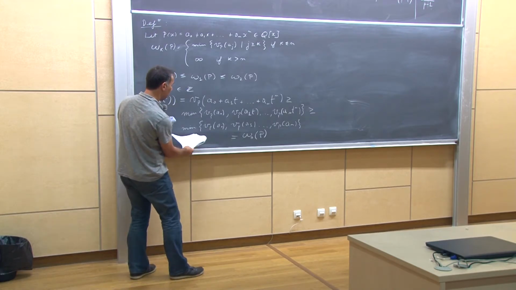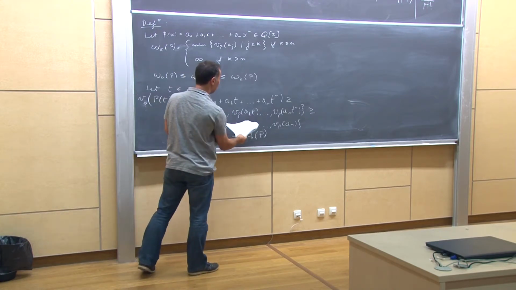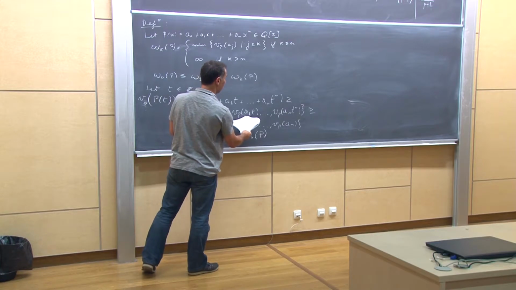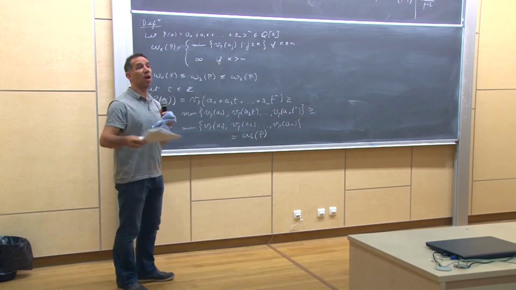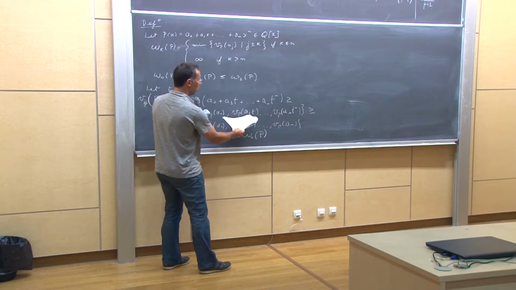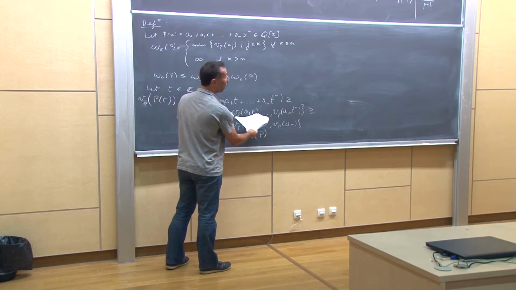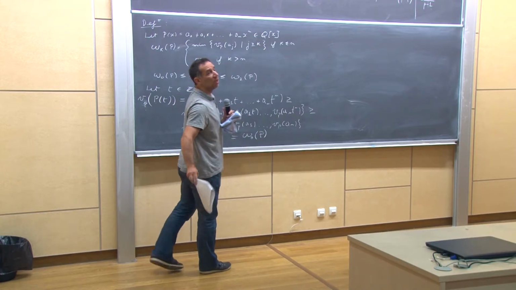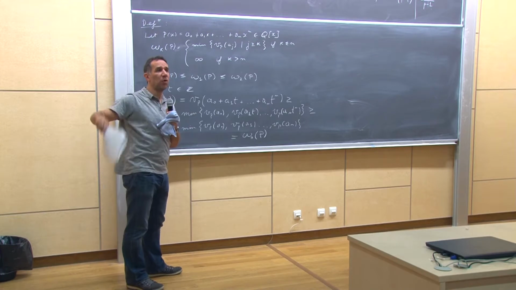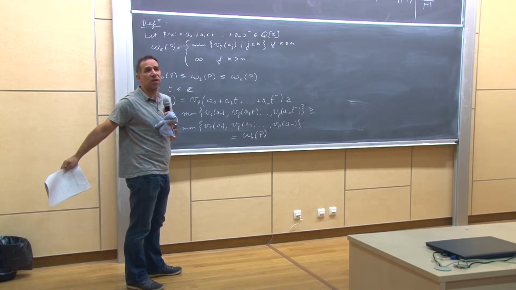And now, in going from this to this, I'm dropping the t's because the p-adic valuation of the product of two integers is the sum of the p-adic valuations. Because if p to the k divides a1, and p to the k prime divides t, then p to the k plus k prime will divide the product of a1 and t, right?